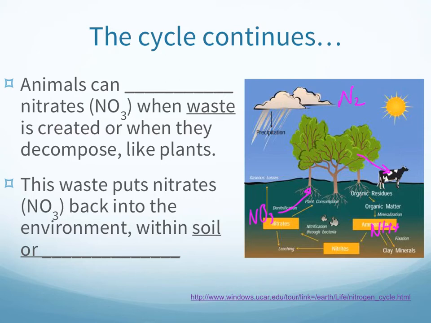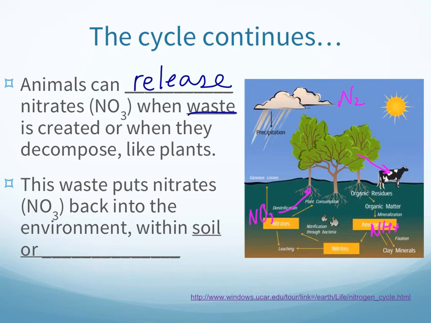So the main way that it gets to the hydrosphere is through rain washing it into those places. And so we want to think about what kind of materials are getting washed into the hydrosphere. So the biggest one is thinking about when animals release waste. Right?